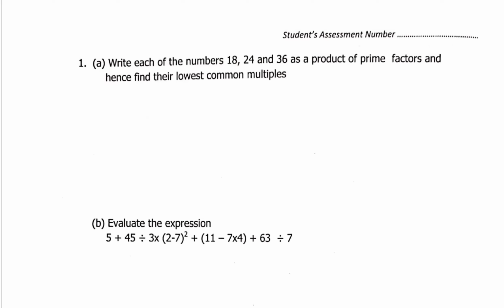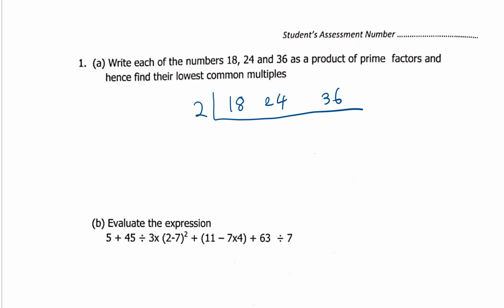I think you know the common method of presenting all three numbers as products of prime factors. So here we go: we have 18, 24, and 36. We are going to break down these numbers using the prime factorization method.